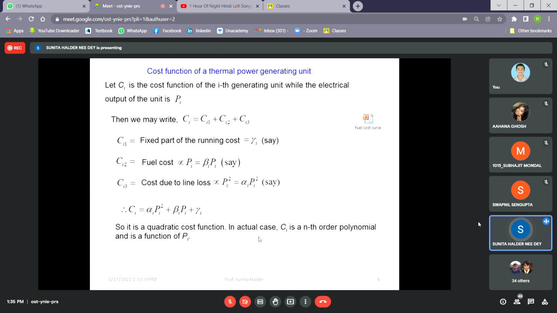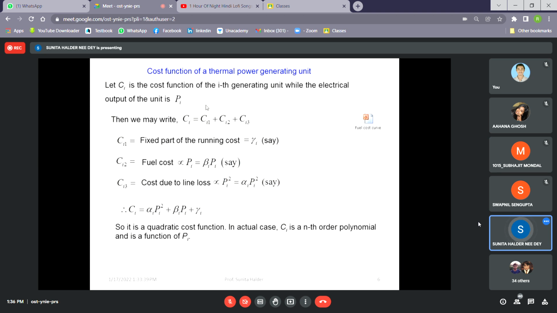Now you see the cost function of a thermal power generating unit. Why is the cost function required? Because we want to find the minimum cost of operation. So we must know the cost function first, then we shall try to minimize it. For any ith generator, we may differentiate it into three parts of cost.